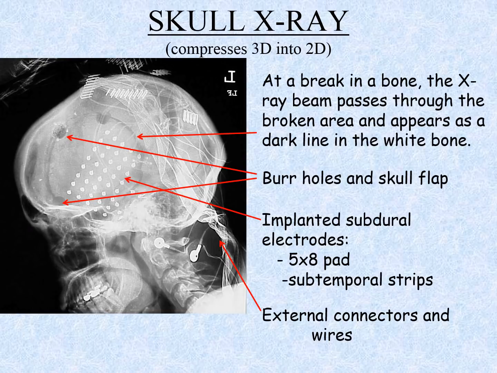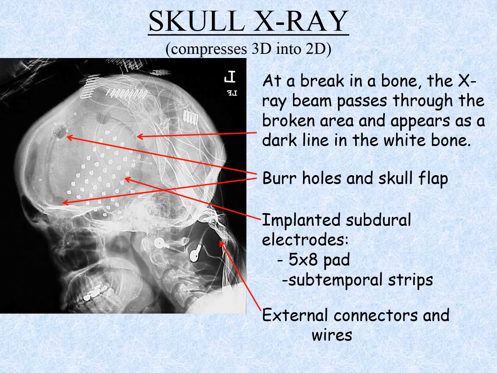In this skull X-ray of an individual who needed to have recordings from the surface of the brain, a portion of the skull, a skull flap, had been removed by drilling small holes, burr holes, through the skull, connecting those with a saw so that this flap of bone could be removed, electrodes put onto the brain, and then the flap of bone restored.